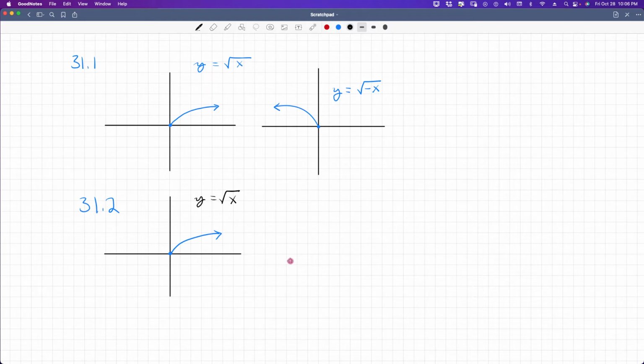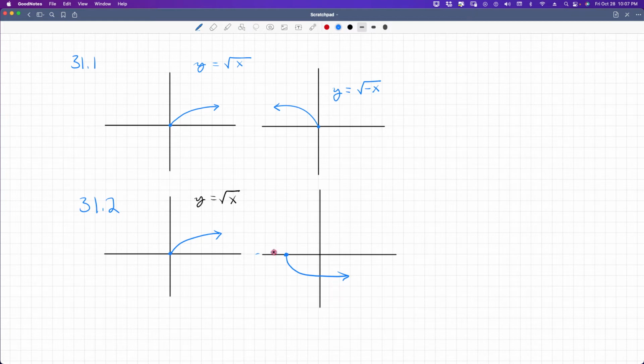And not only is it a reflection, but it's a translation also. So let's put that in here. So his starting point is now at the -3, and he's upside down from my other guy. So we have both a reflection about the y-axis and a translation backwards 3 spaces to the negative side.